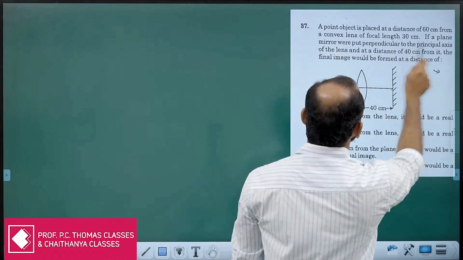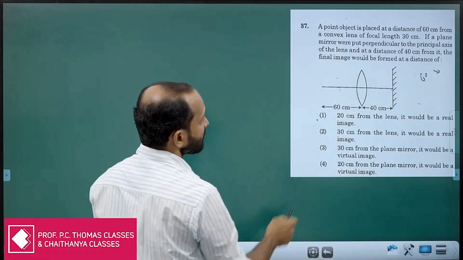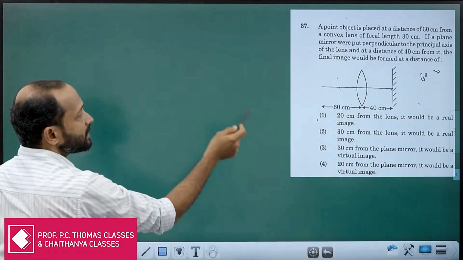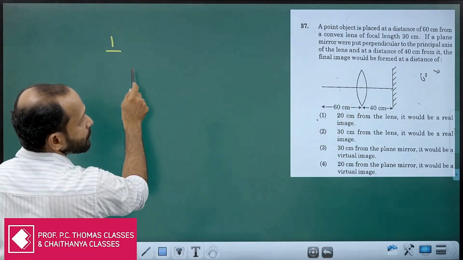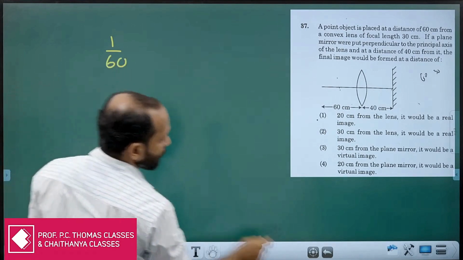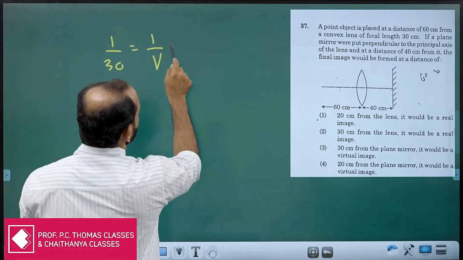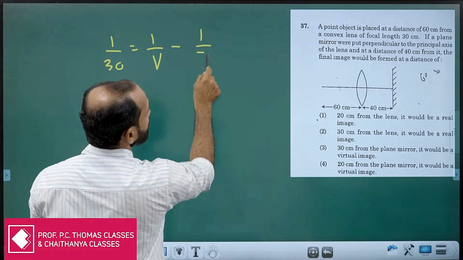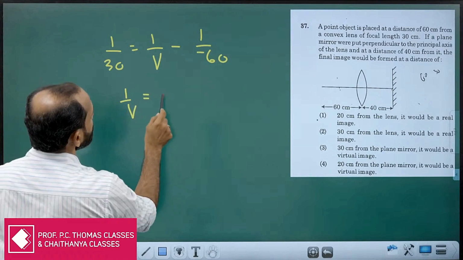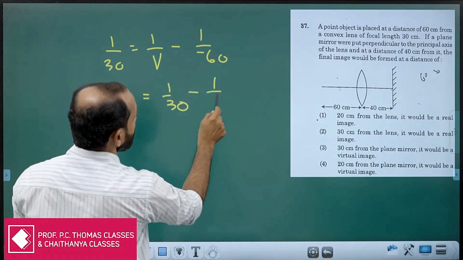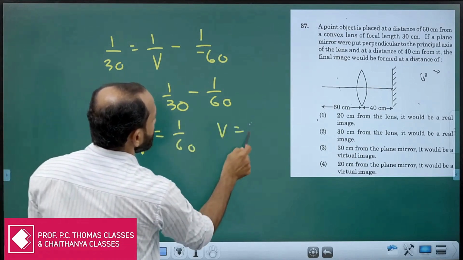A mirror is put perpendicular to the principal axis of the lens, 40 centimeter away, as given in the picture. Where is the image formed? First find where the image is formed by the convex lens using the thin lens formula. 1 by f, f is positive as it is convex, 30. 1 by f is equal to 1 by v minus 1 by u, u is minus 60, so minus of minus becomes plus. 1 by v is equal to 1 by 30 minus 1 by 60, that is 1 by 60. So v is equal to plus 60.